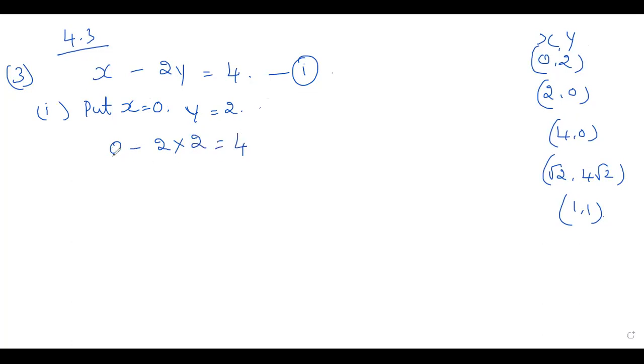That is equal to 4. 0 minus 2 into 2, that is minus 4. Yes, it is minus 4, but here we are getting 4. So it is not equal. We are not getting the answer. So the first one is not the solution for the given equation.